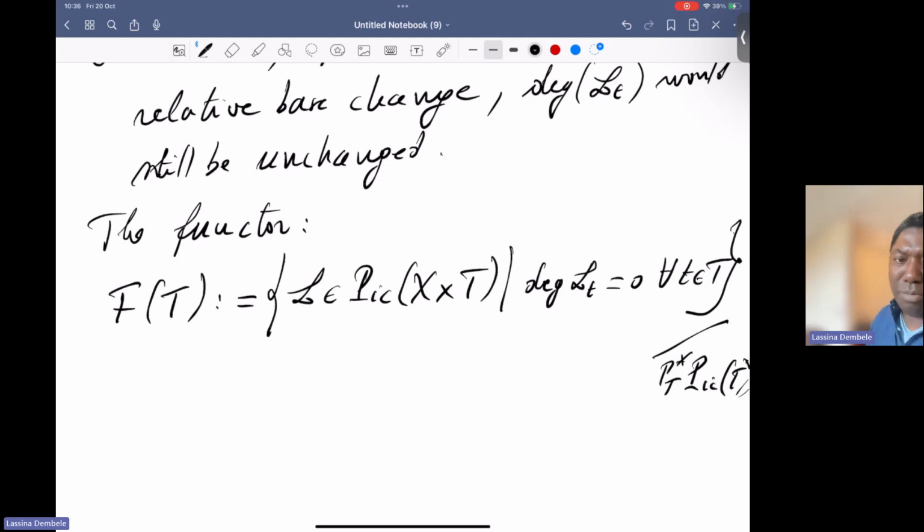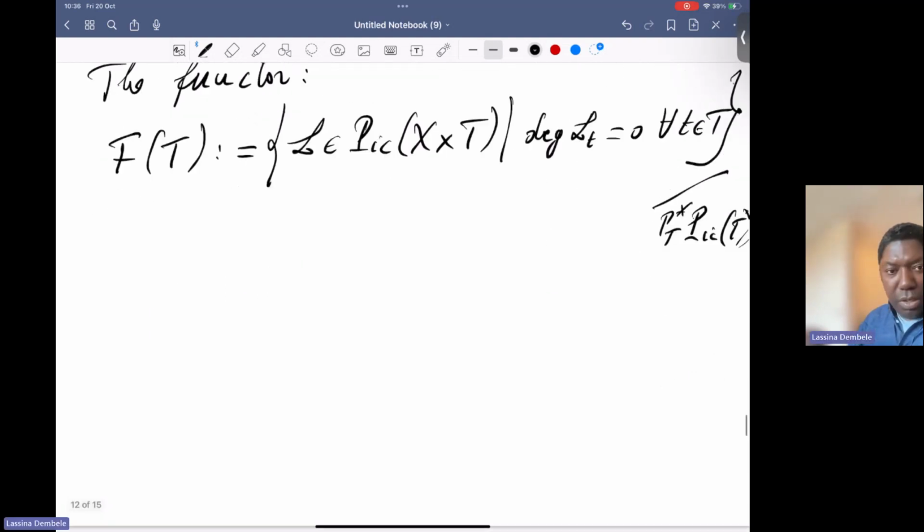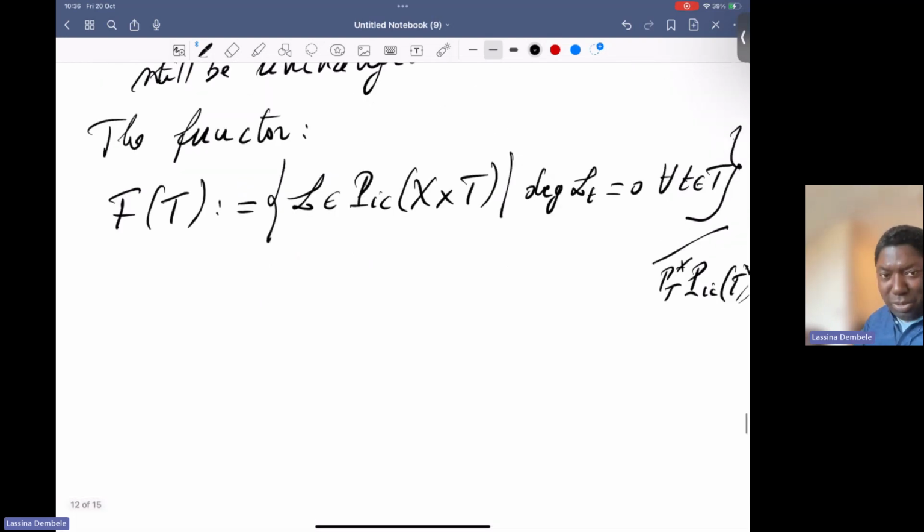So we exclude them, which in technical terms is to rigidify the functor. Okay, so this is the functor we want to represent.